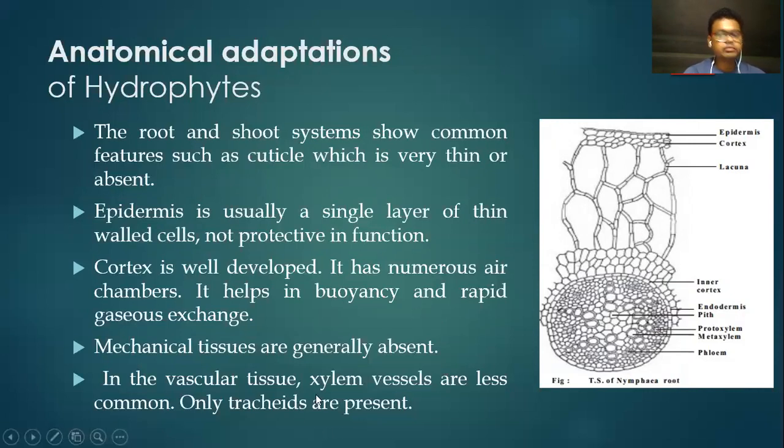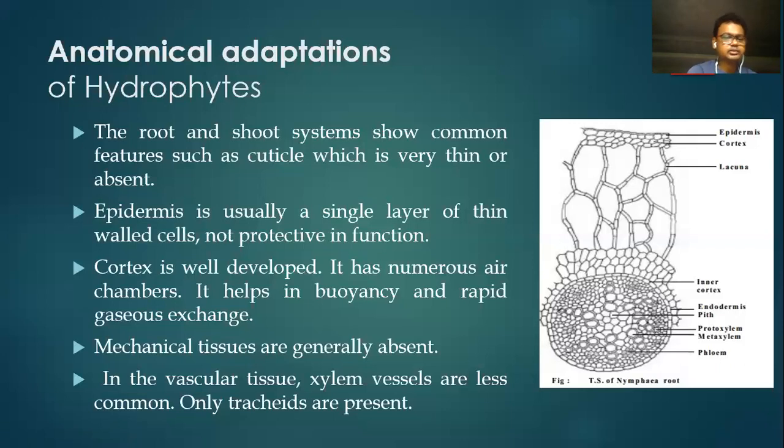Next is the vascular tissue. We know that the xylem is required for water absorption, and the phloem is required for nutrient transport, as the nutrients are already present within the water. They connect with the water body for their minerals and water absorption through their body surface.